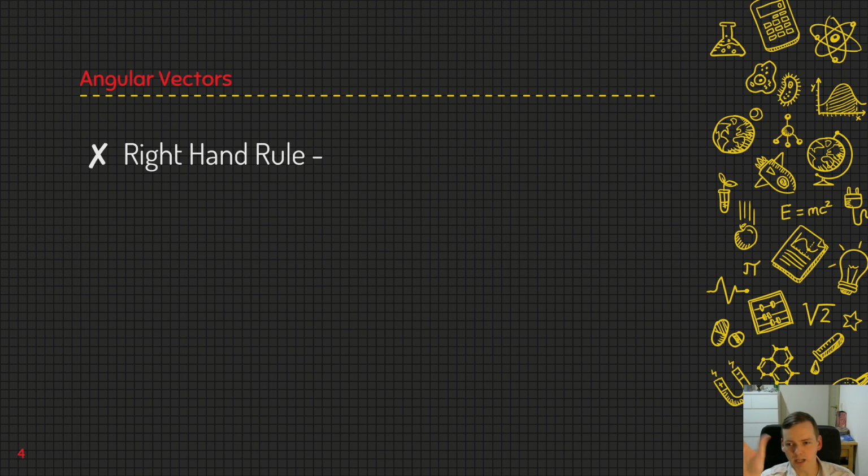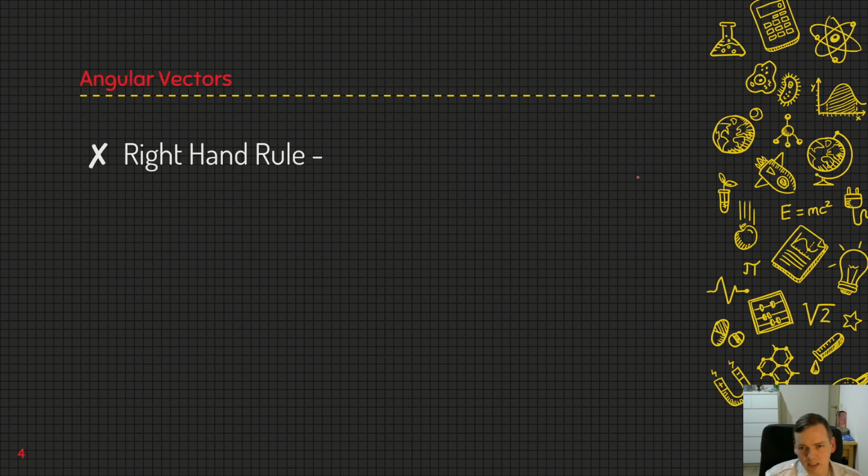You take your right hand and spin your fingers in the direction that the object is rotating. If it's this kind of rotation, then the direction of the vector points in the direction of my thumb.